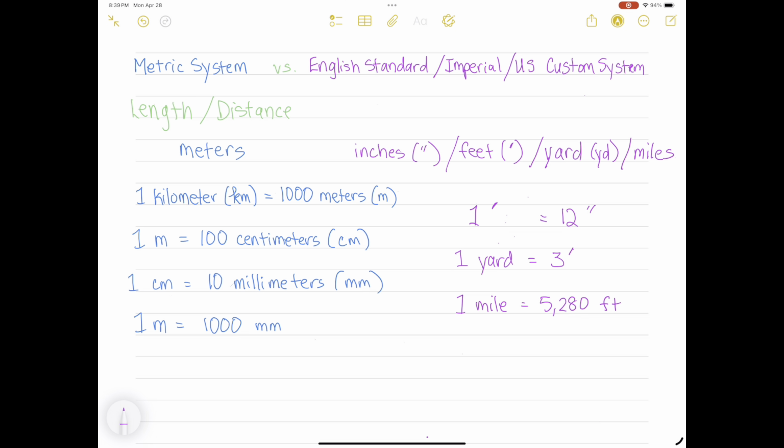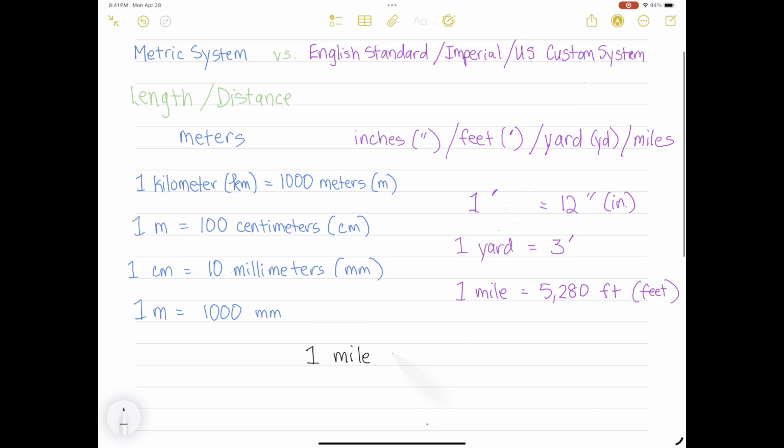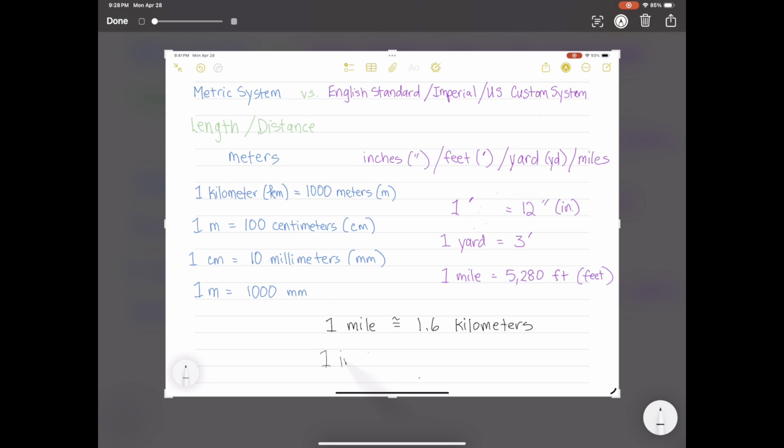The other abbreviation for feet is FT, and the other abbreviation for inch is IN. In comparing the English standard to the metric system, when it comes to distance, 1 mile equals about 1.6 kilometers, and 1 inch equals about 2.54 centimeters.